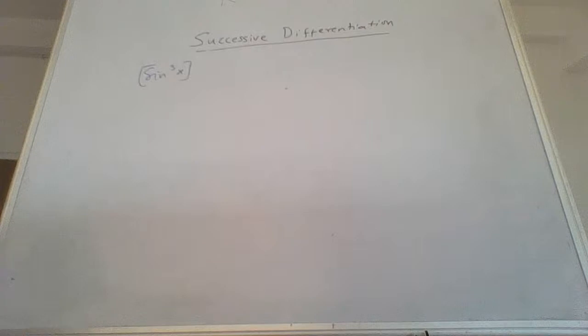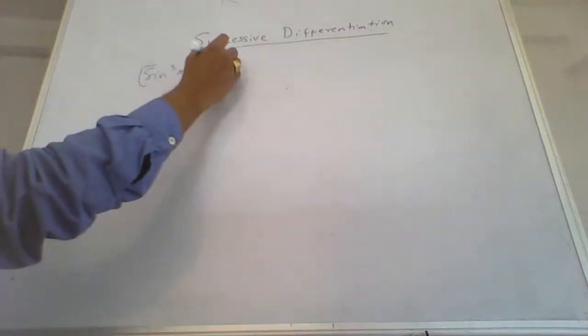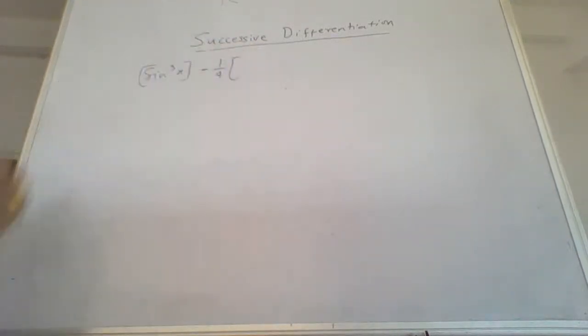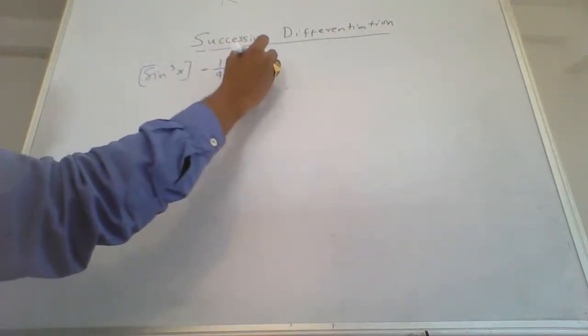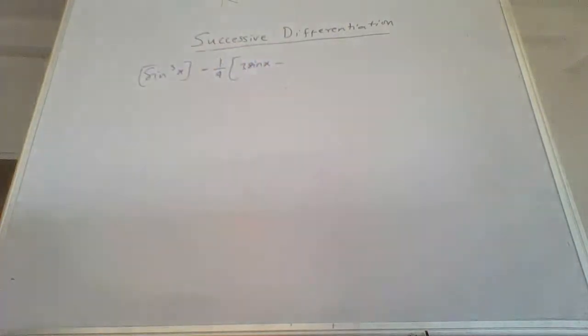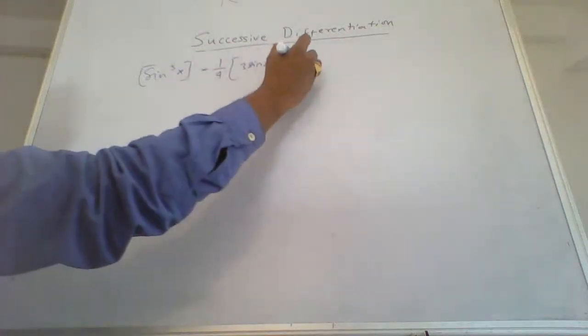Now sine cube x can be written as 1 by 4 times that of 3 sine x minus sine 3x.